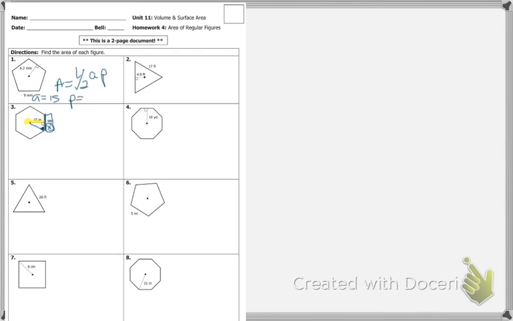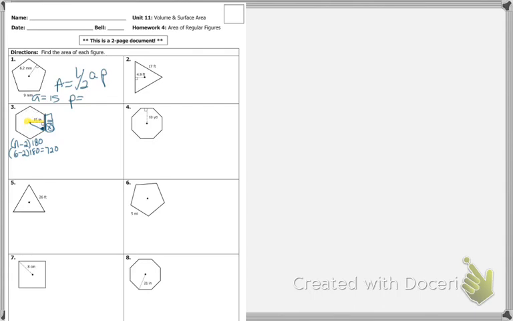Well, in the instructions it said you're going to have to use this formula first. You're going to have to find out how many degrees are inside this figure. This is a 1, 2, 3, 4, 5, 6. This is a hexagon. So we're going to do this, and we're going to solve that. This ends up being 720 degrees inside the whole thing.